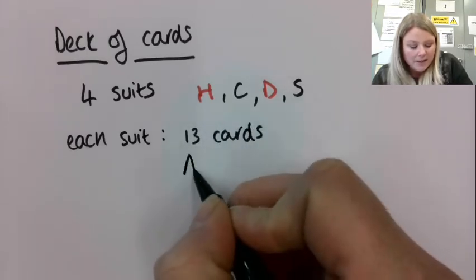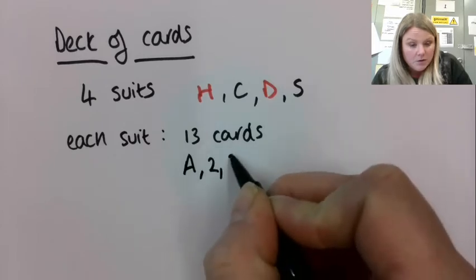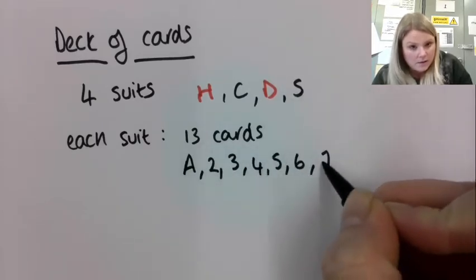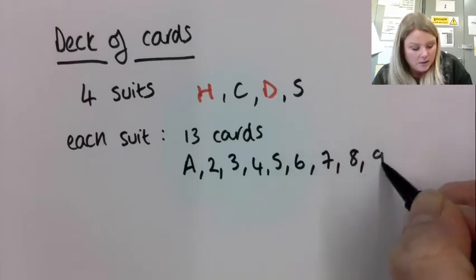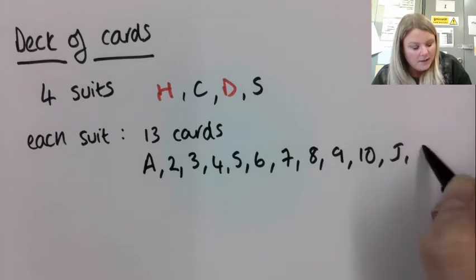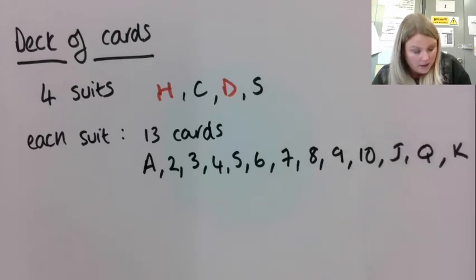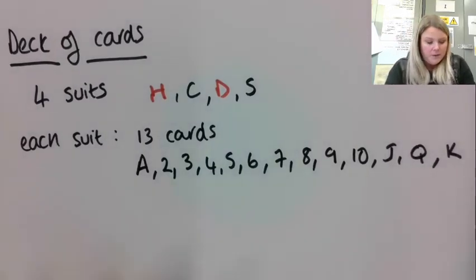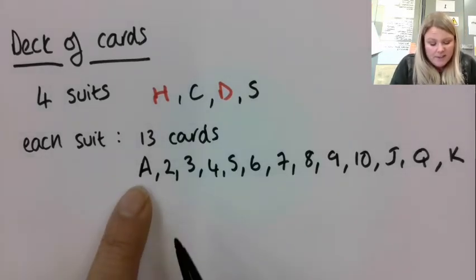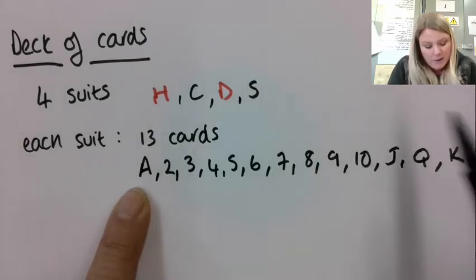So we've got an ace, we've got a 2, 3, 4, 5, 6, 7, 8, 9, 10, jack, queen, king. There's no number 1. The ace, depending what card game you're playing, can be low or can be high.